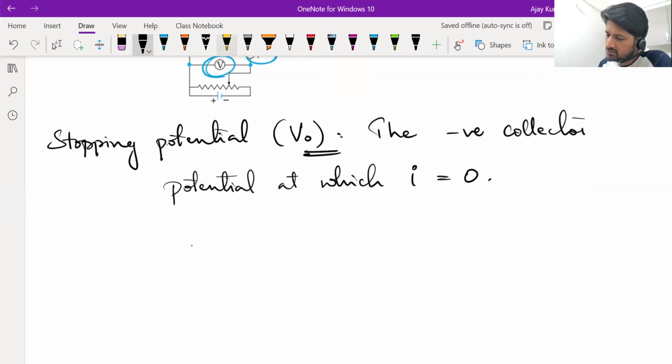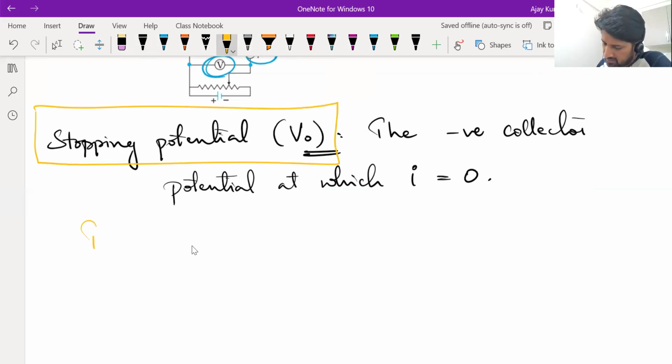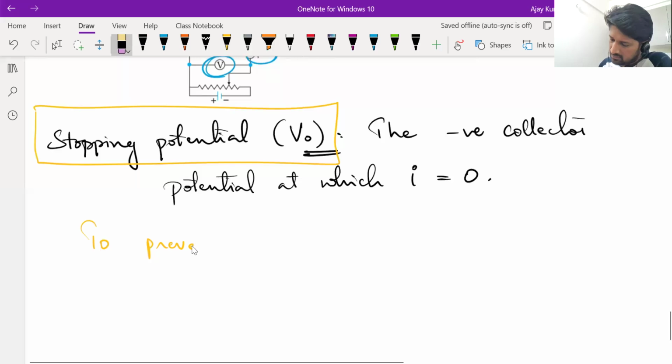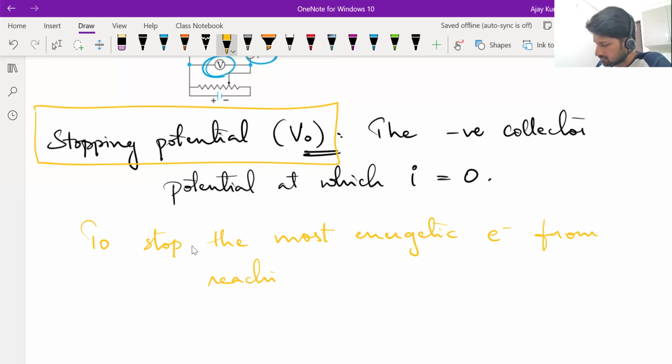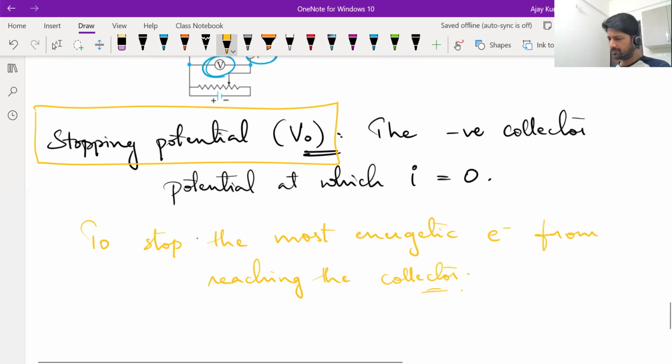So you can say that stopping potential is the potential required to stop the most energetic electron from reaching the collector. If the most energetic electron is prevented from reaching the collector, then all other electrons will definitely get prevented. Okay, so that potential needed to do that is what you call stopping potential.